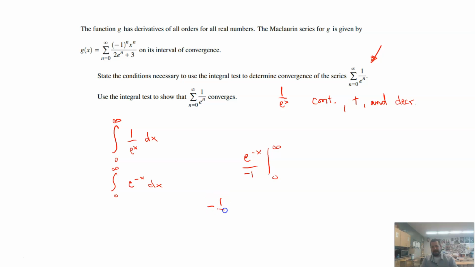In order to evaluate that, I do have to change that to negative 1 over e to the x. I plug in my infinity, so I get negative 1 over infinity minus negative 1 over e to the 0. This first part is going to be 0 minus e to the 0 is 1, so what I really have here is plus 1. So I got that the integral is indeed convergent.